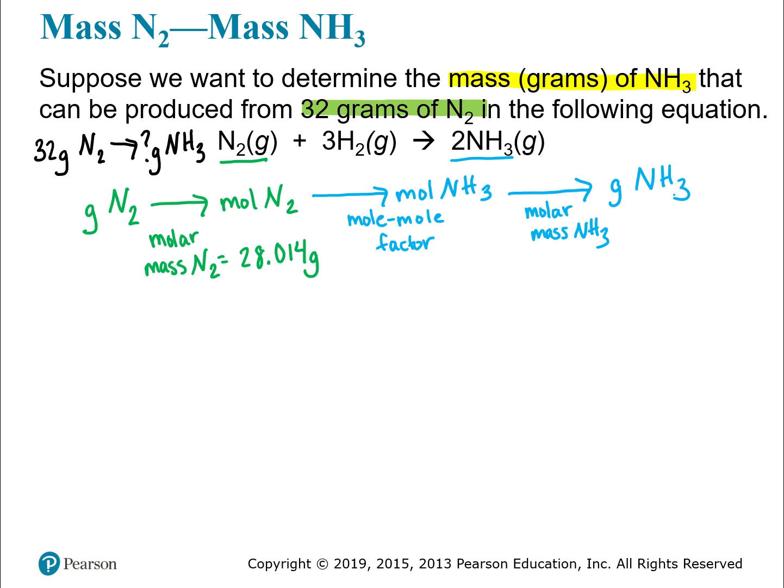That's the plan. The molar mass of ammonia, by the way, you take the 14.007 and add to that 1.01 times 2. And you get about 17 grams.